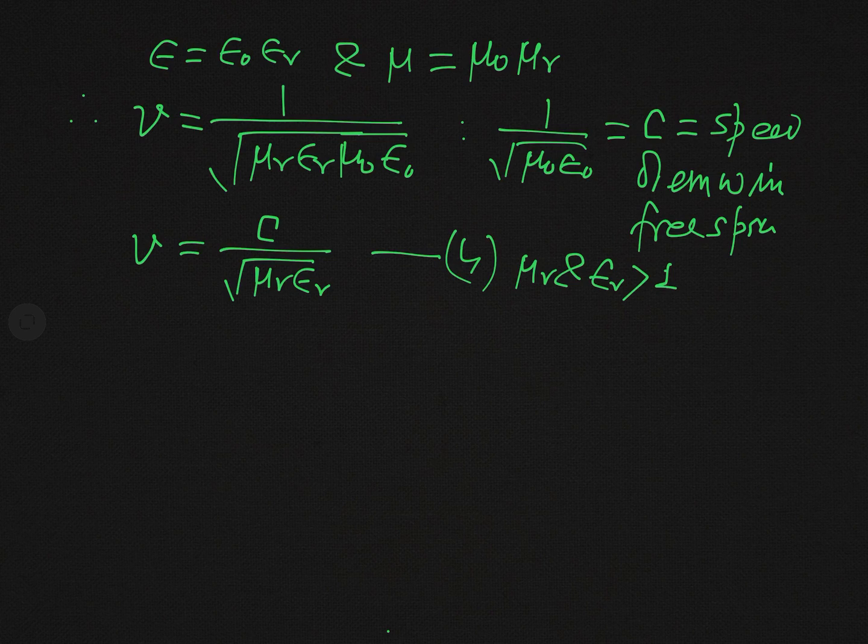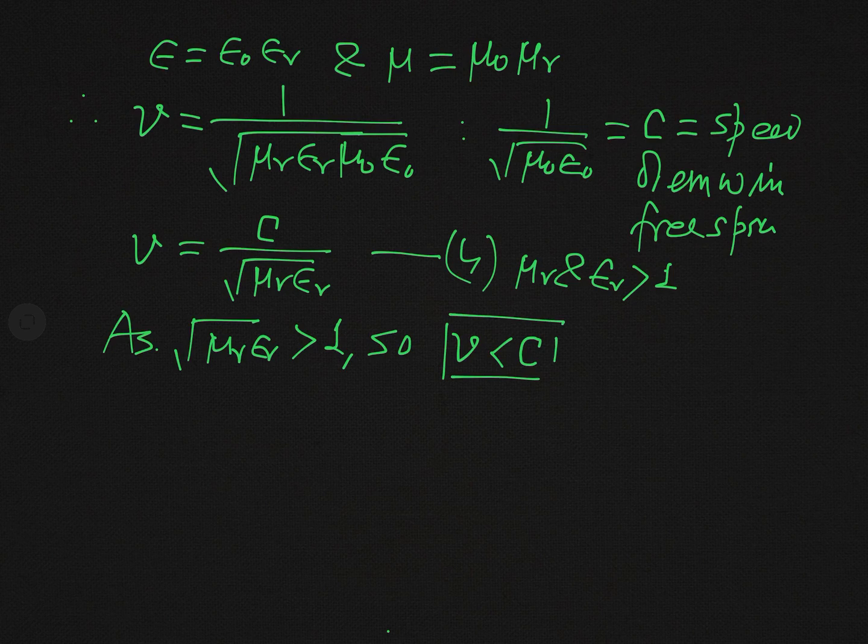So definitely this V will be smaller than C. So you can say as root over mu r into epsilon r is greater than 1, this V will be less than C. It means in an isotropic dielectric medium, the electromagnetic wave travels at a speed V, which is smaller than its speed in free space.